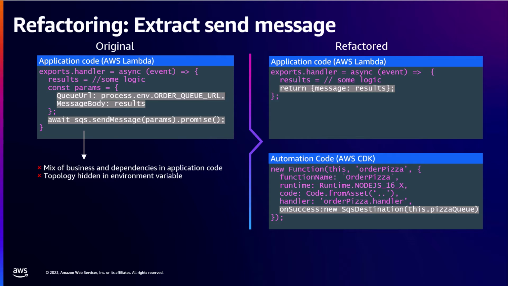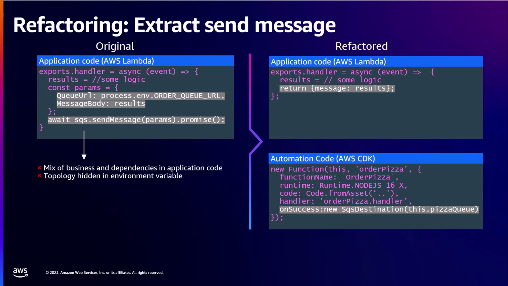Which event is sent where is buried in that code. Say in future, you want to change from SQS to an SNS. You'll have to find the application code, make that change. Thanks to serverless, we can do better. So let's look at how we can refactor this example.